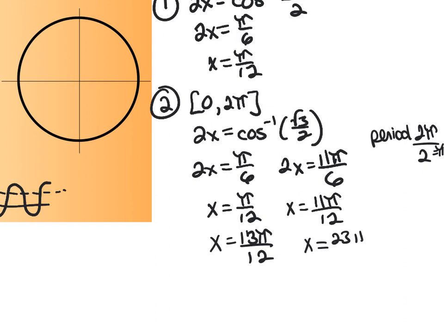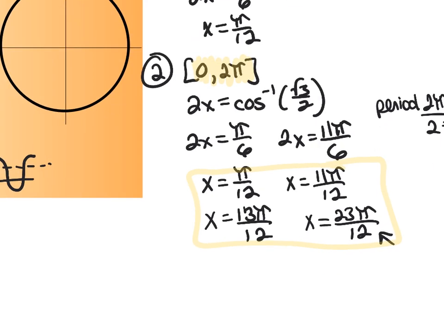That'd be 23 pi over 12. Now I'm going to look at my very last answer. If the interval goes from 0 to 2 pi, I want to check my answers: are all of those answers less than 2 pi? My biggest answer is 23 over 12, which is just a little bit less than 24 over 12. So that means that I like all 4 of those answers.